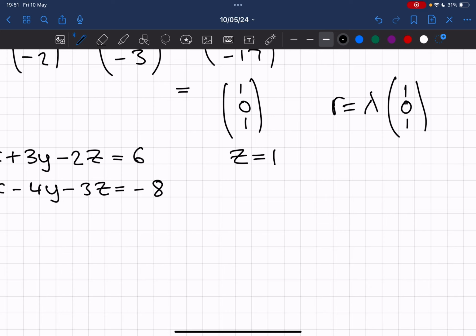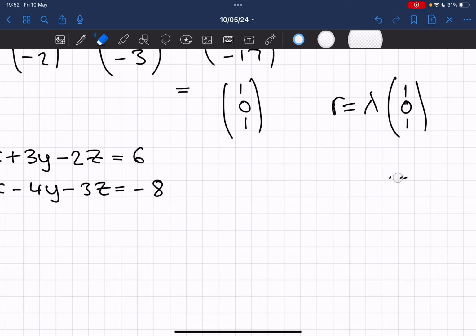If I said z equals 0.1, then lambda on this line would just equal 0.1 and then x would be fixed. If z equals 56, lambda would just equal 56. As long as you have elements here, lambda can take an appropriate value to make sure that a point on the line exists such that it has z equals whatever you want or x equals whatever you want.